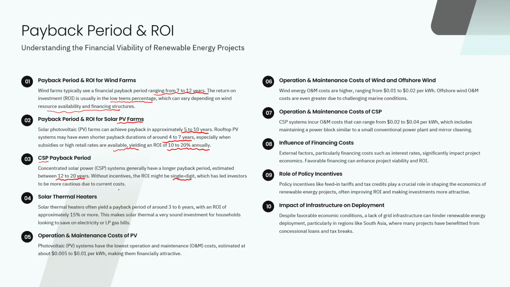And then for solar thermal systems, the payback period is around 3 to 6 years, and the return on investment is approximately 15% or more, right? So you can see that solar thermal is a very sound investment for households looking to save on their electricity or LP gas bill. If you are using electricity or gas for hot water, converting that to solar thermal systems would be more effective, right?